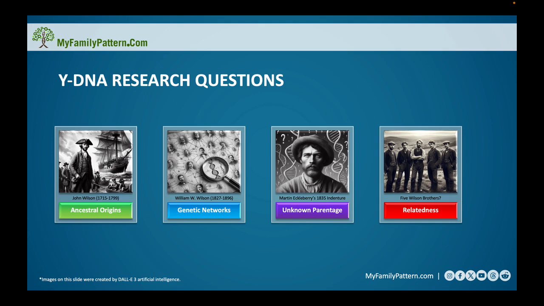If we find a particular unlinked family cluster, we can take a paternal descendant from one of those unlinked family clusters and test them to determine whether that is potentially how we are related. We can also use Y-DNA for unknown parentage, when we are trying to figure out who is the parent of an ancestor, and particularly when we're looking at paternal ancestry.